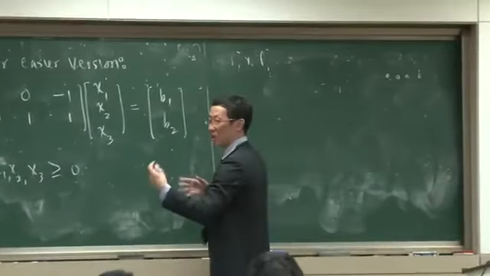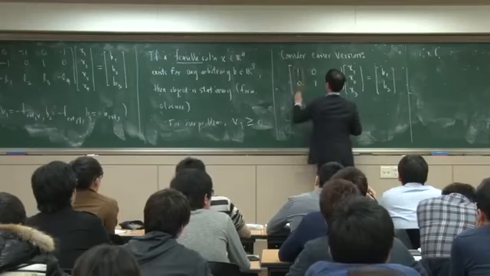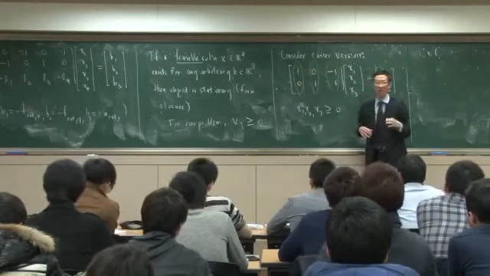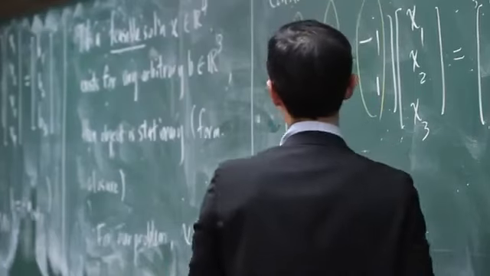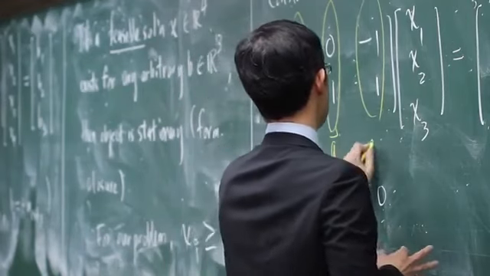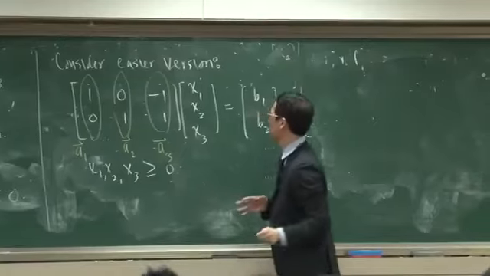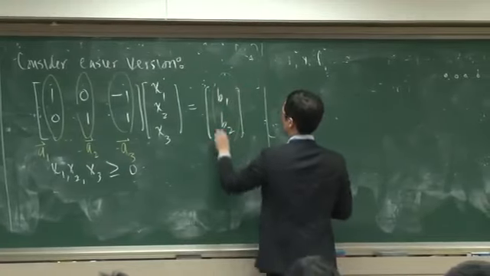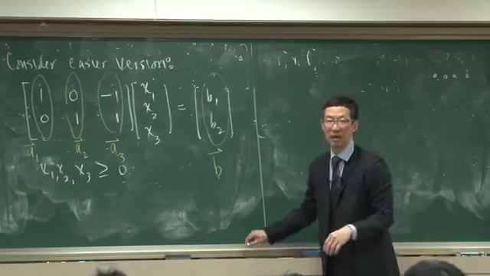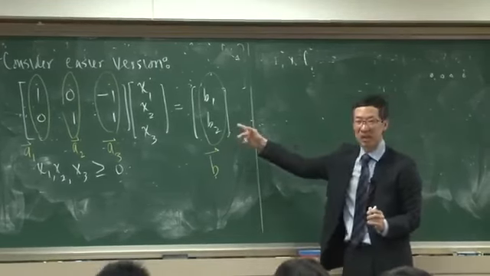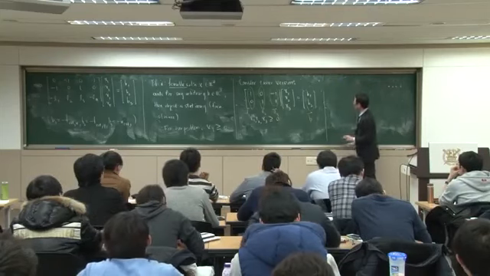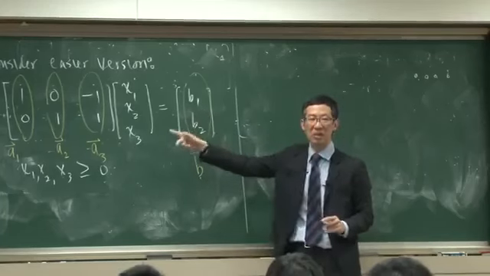So for this case, let's continue that philosophy. Let's think of these as vectors, as column vectors. Label them A1, A2, A3, and this will be my vector B. Another way to write Ax equals B here is to say that B is just the linear combination of x1, x2, and x3.